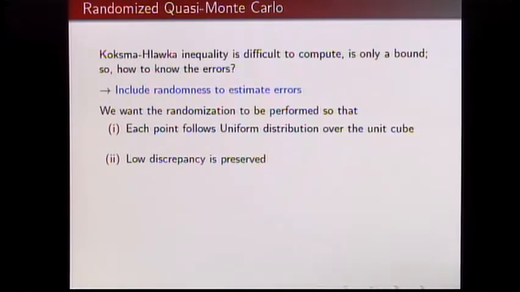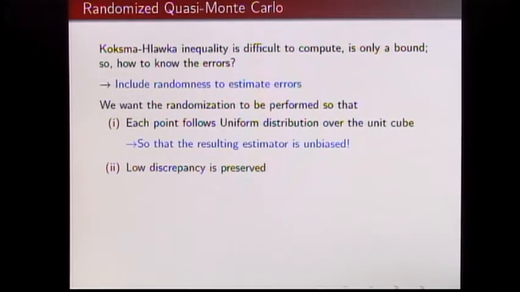Here are two things we want. We want each point to follow a uniform distribution over the unit cube. Okay, so I'm assuming the Xi are, by the way, uniform. So if you want to do the inverse transform, that's fine. But for this, if I can do this, then the resulting estimator is unbiased. I always want unbiased estimators. That's always good. And then I want to preserve the low discrepancy, because otherwise I'll use regular Monte Carlo, right?